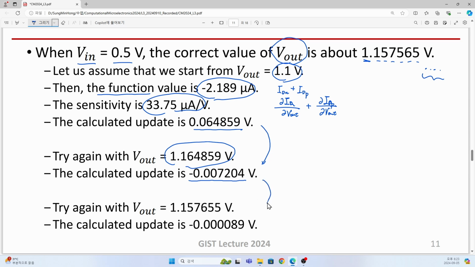And when we repeat it once again, oh, it looks quite good. We have 0.00008. It is already almost 100 times smaller than the previous one.